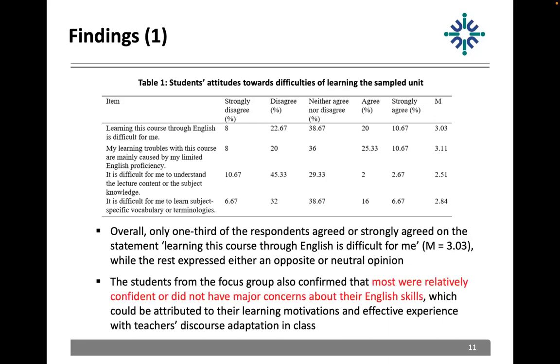And the students from the focus group discussion also confirmed that most were relatively confident or did not have major concerns about their English skills. And this could be attributed to their learning motivations and also effective experience with teachers' discourse adaptation in class.